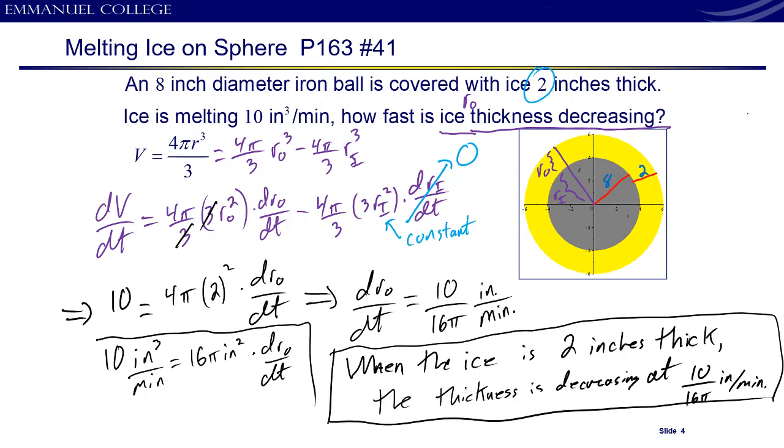That's why we had to split it up into the outer radius and the inner radius. So that was where all this came into play, where the derivative of the inner radius was actually 0, because it's a solid metal ball. It's not going to change as the ice melts.